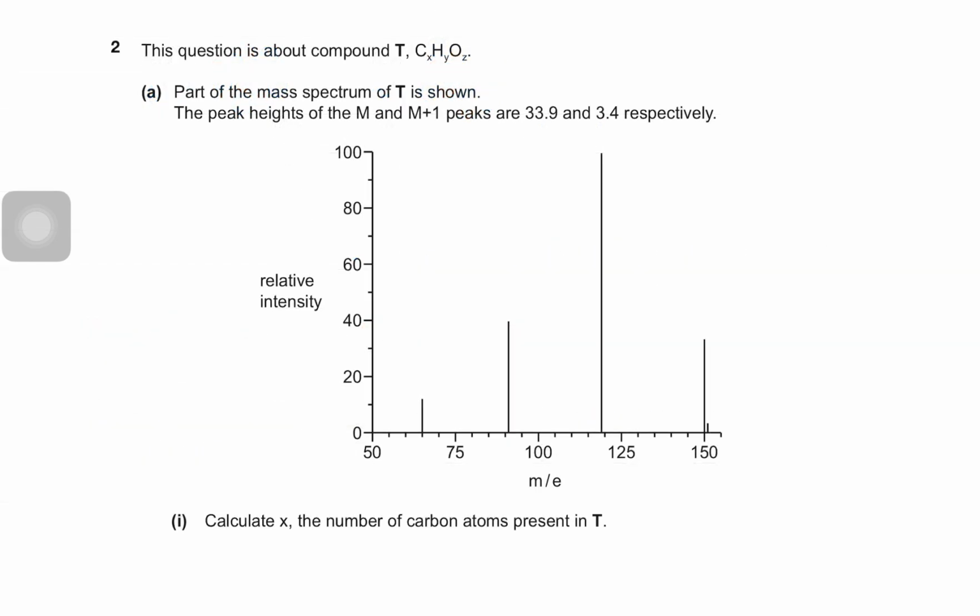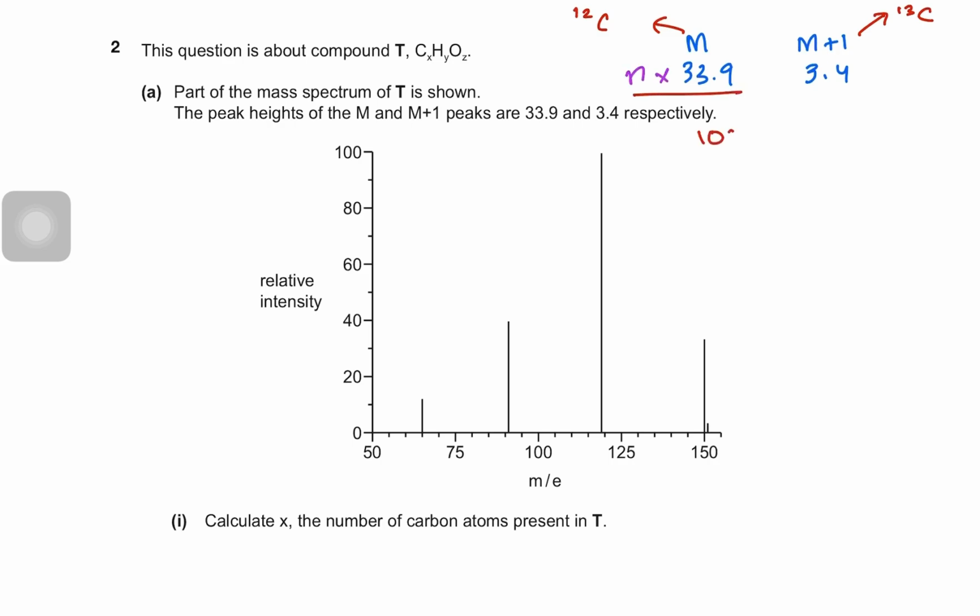And now using the ratio, we can solve this question. You can see the question is about a compound D where you have carbon, hydrogen and oxygen. In this question, the M peak has an abundance of 33.9 and the M+1 peak is 3.4. The M peak was made by carbon-12 and M+1 was made by carbon-13.